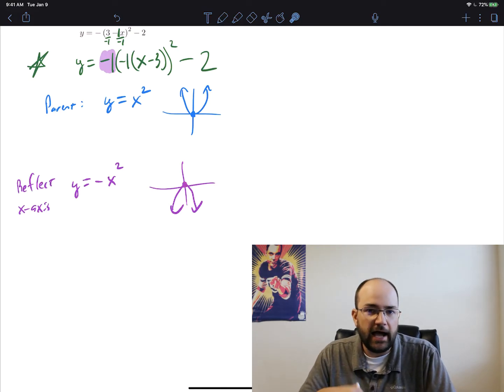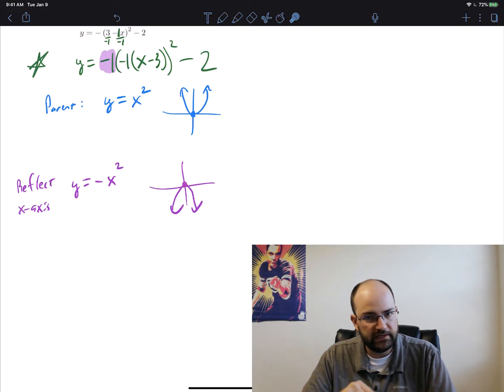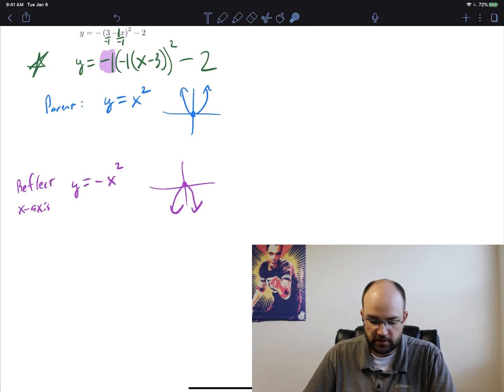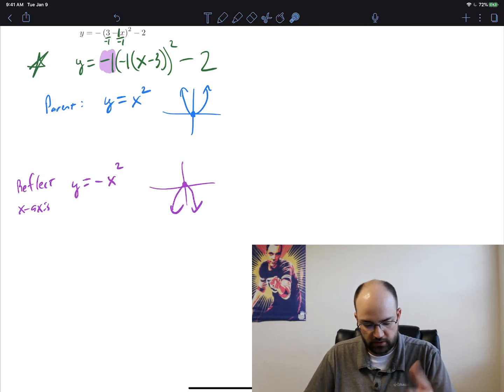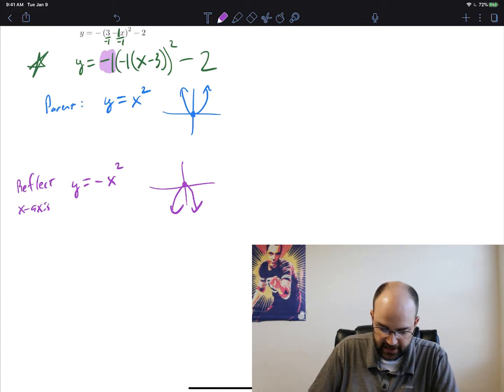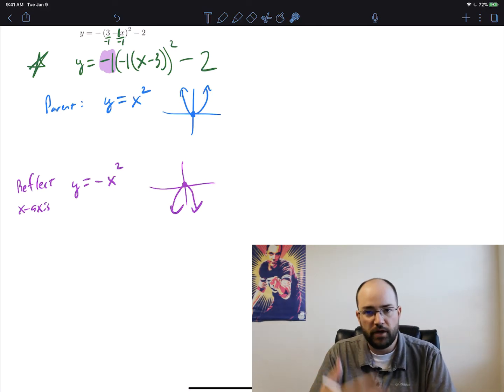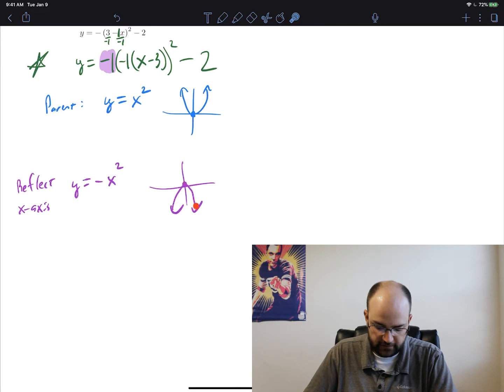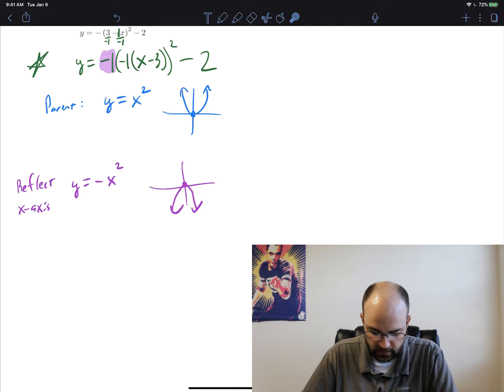So the vertex can be either a maximum or a minimum depending upon whether the leading coefficient is negative or positive. In this case, since there's a negative on the outside, y equals negative x squared opens down like this. Y equals positive x squared opens up. So positive up, negative down. That means the vertex for the upwards is a minimum, but the vertex for the downward is a maximum.